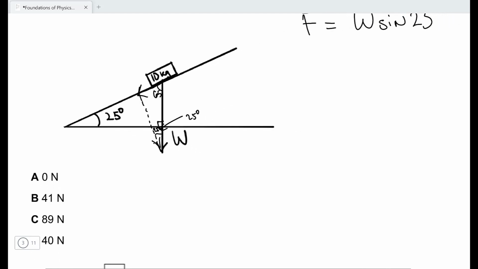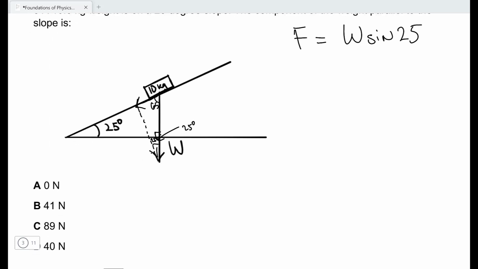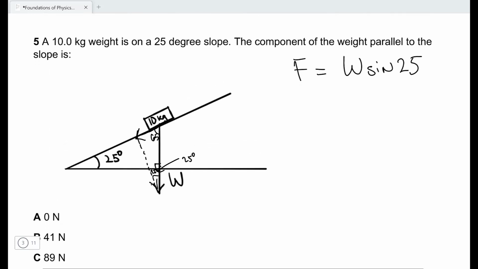Okay, well, look at that. The component which is parallel is actually the opposite of this 25-degree angle. So that's why I'm using the weight, which is essentially our hypotenuse, in this triangle over here that I'm sort of highlighting at the moment. The weight is our hypotenuse. This here is the 90-degree.